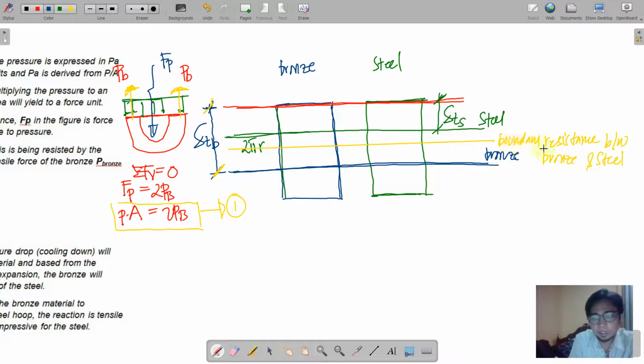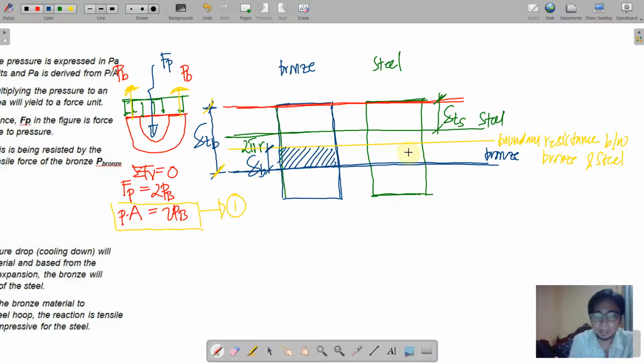Meaning, within the boundary resistance, no? Itong portion na to is subjected to stress due to force. Okay? Or tensile stress yan. So, I'll just label that as delta of bronze.